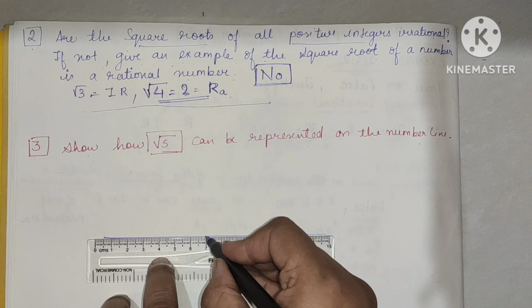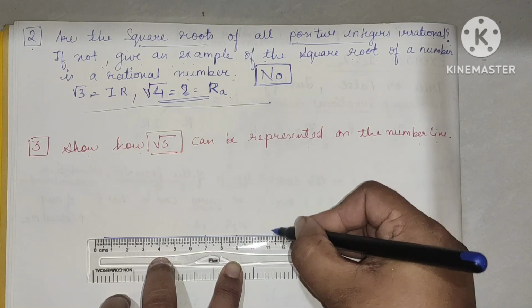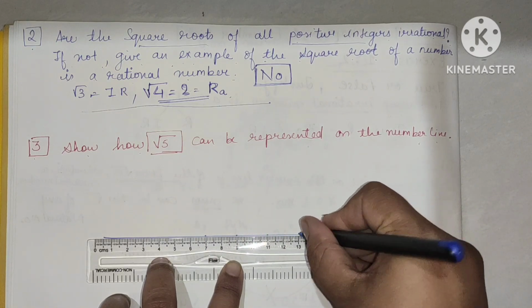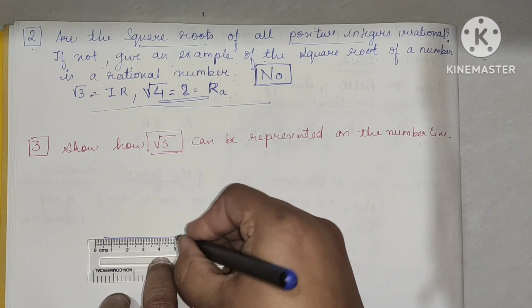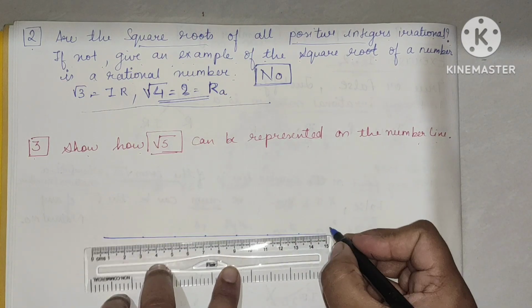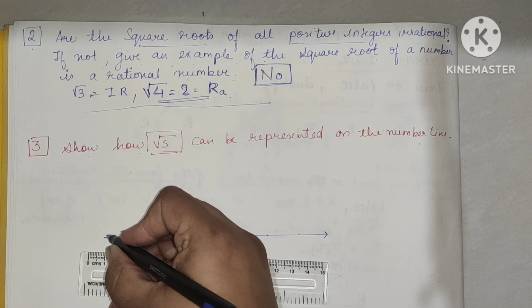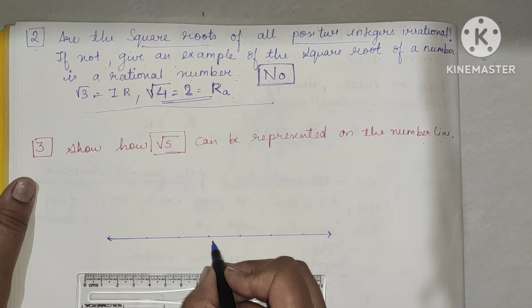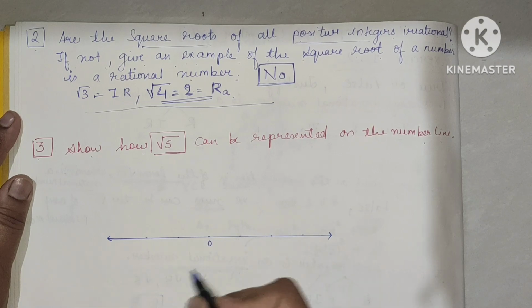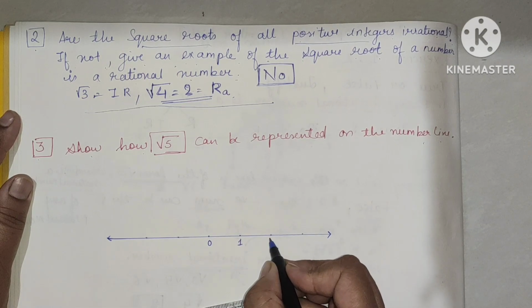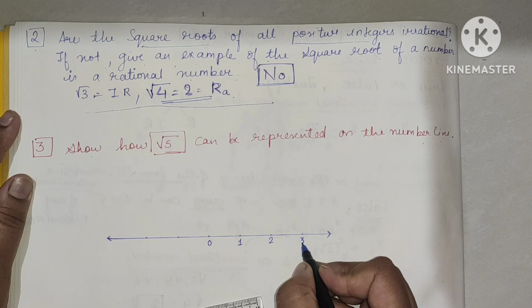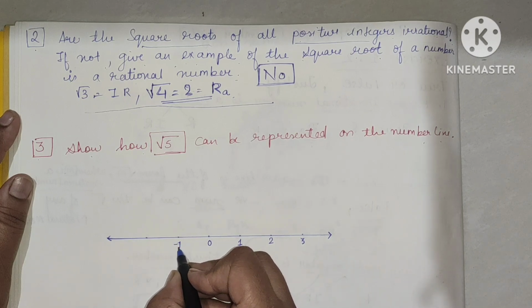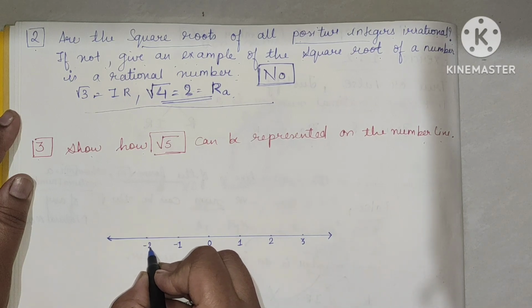Again, take 1 unit distance for the points on the number line. Here I have taken 1 unit equal to 2 centimeters. So the distance is this much. 0, 1, 2, 3, minus 1, minus 2.